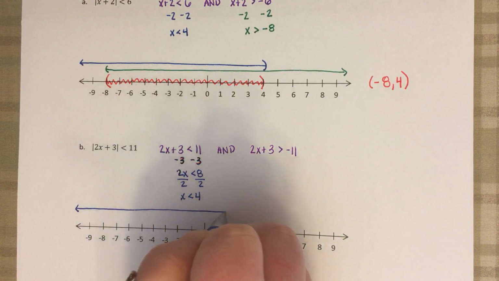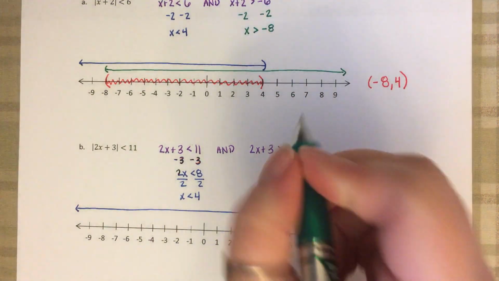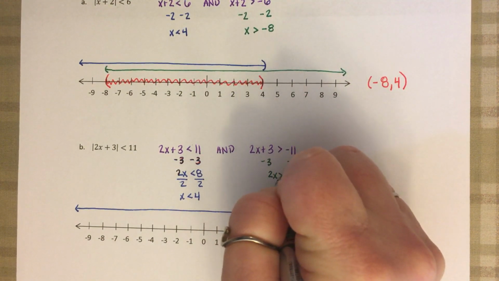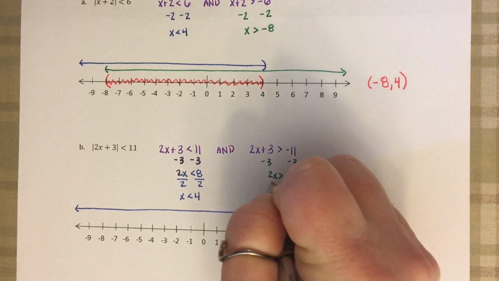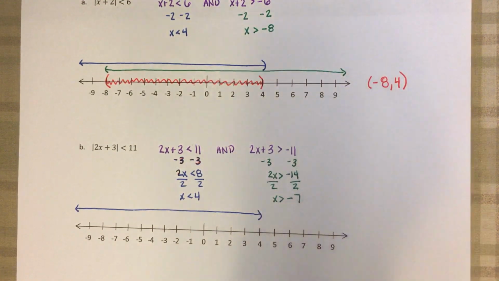So on our number line, x is less than 4 is there. Subtract 3 from both sides. 2x is greater than negative 14. Divide by 2. X is greater than negative 7.